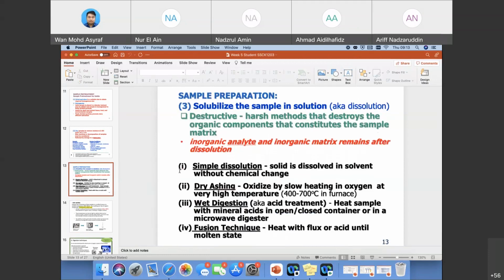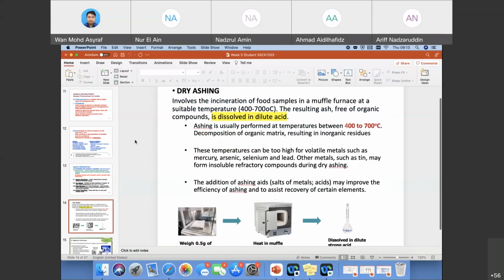So dry ashing is where you oxidize the sample by slow heating in oxygen at a very high temperature. The temperature increases up to 700 degrees Celsius in the furnace. It is involved in the incineration of food samples. Usually we employ this for food samples because food samples have a lot of organic material, and now you just want the inorganic material.